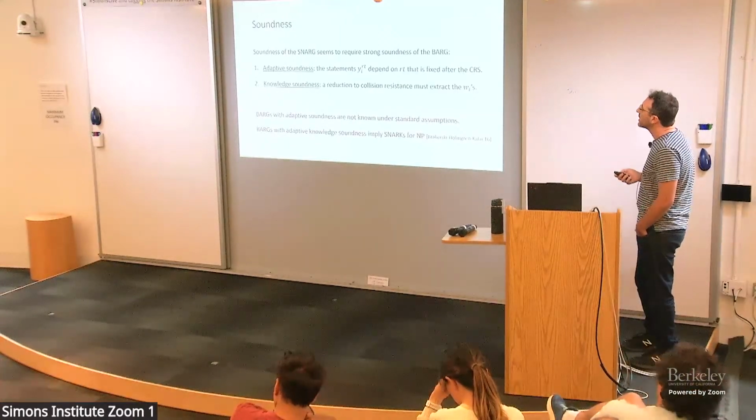Okay, so back to the definition. The definition that we really need from our BARGs is called somewhere soundness. It's coming from this beautiful work by CJJ. In somewhere soundness, we're thinking about an adaptive adversary, but we're relaxing the soundness requirement.